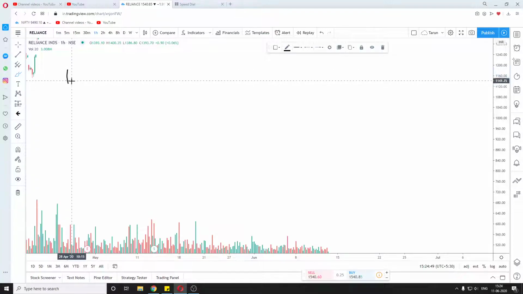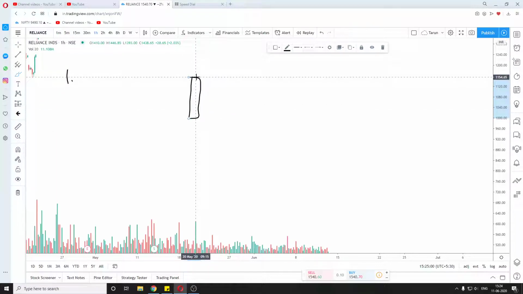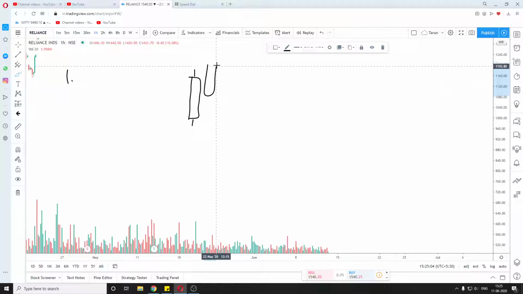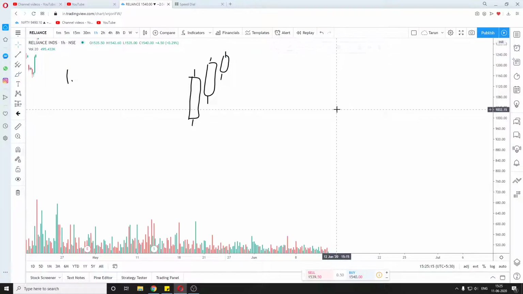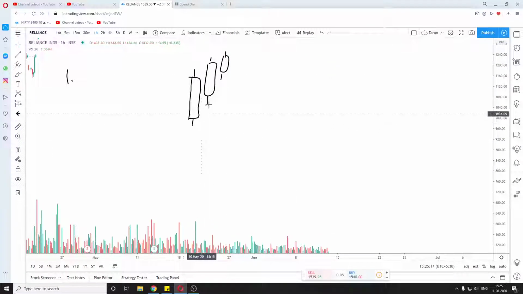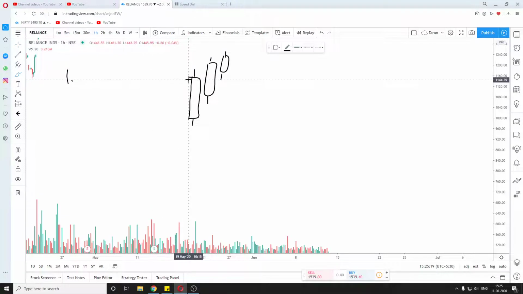The first thing we have to look at is whether the price is supported by the volume or not. For example, if there is a candlestick like this, and then a candlestick like this, and then a candlestick something like this, the volume should correspond to the spread of the candle.